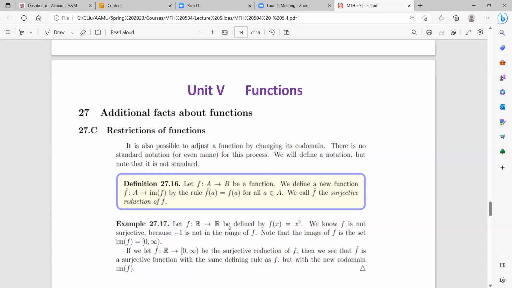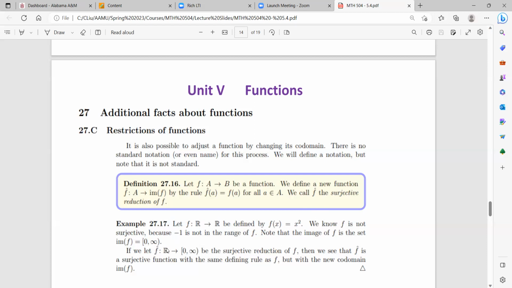But you can make this function onto, or surjective, by restricting the codomain. First, you find the range or the image of the function. We know that's all non-negative numbers, from 0 to infinity, since the square of a real number is zero or positive.